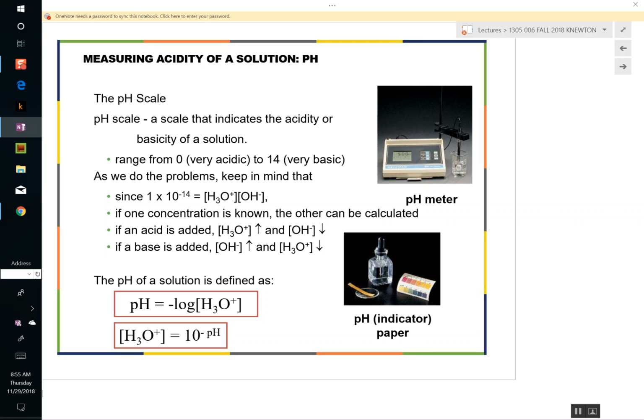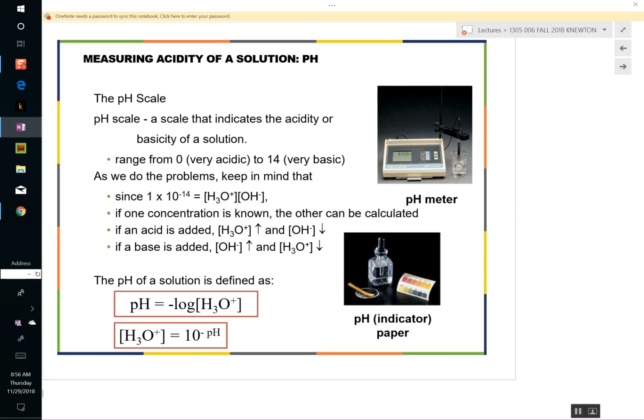Gets to the pH. Now keep in mind with pH, it's focused on the H. The pH scale is following the hydrogen ion concentration or the hydronium ion concentration. Doesn't matter whether it's acidic or basic.